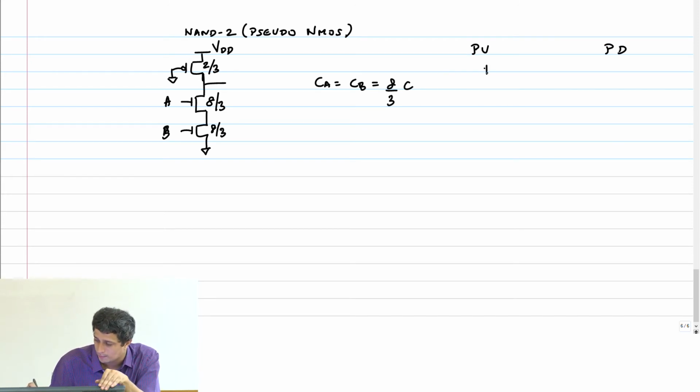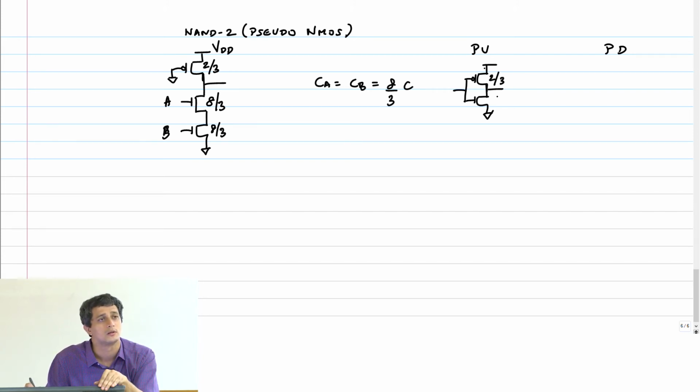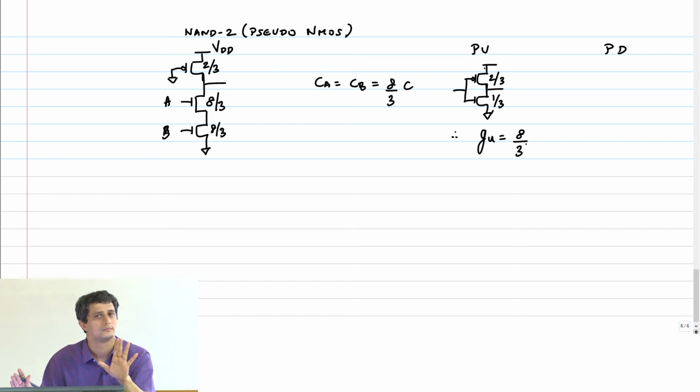So pull up static CMOS inverter is like this. What should the PMOS size be? 2 by 3. NMOS therefore is 1 by 3. Therefore the pull up logical effort is how much? 8 by 3. Clear? What about pull down? I got to construct my reference inverter again.